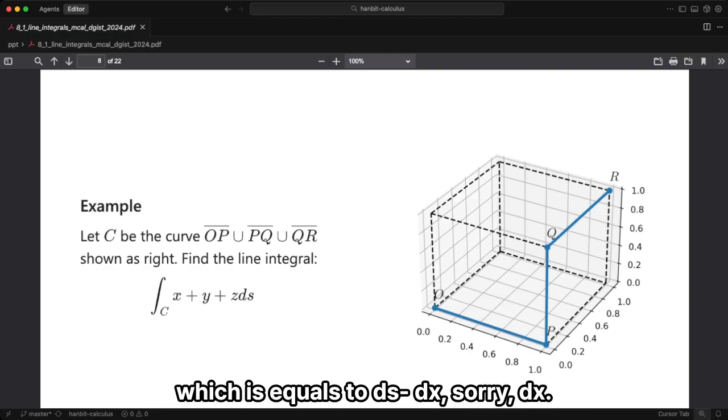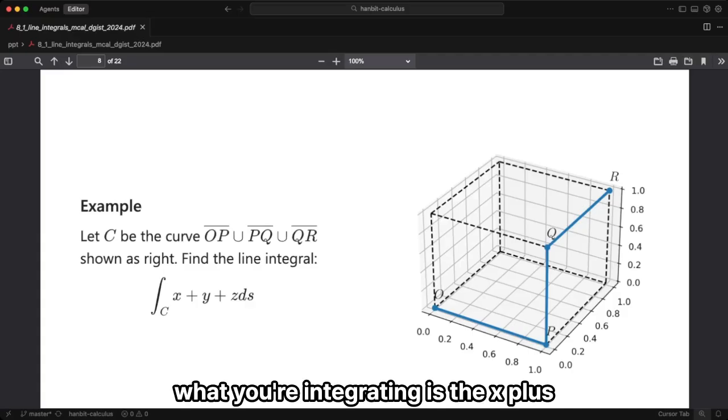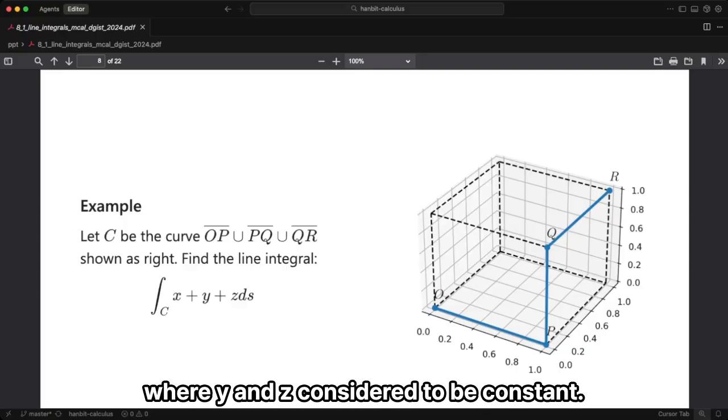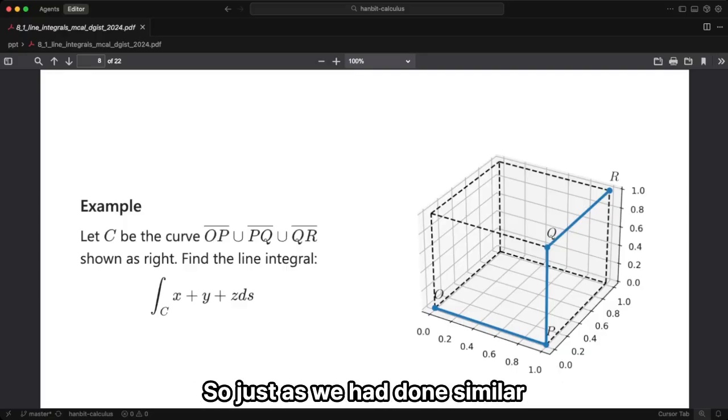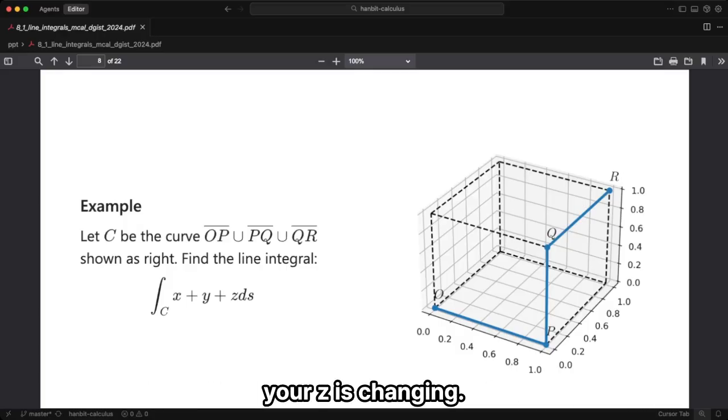So on the OP line, what you're integrating is x plus y plus z dx, where y and z are considered constant, just as we did in the line integration in vector fields. And how about the PQ part? In PQ, z is changing. It's the only thing that changes. x and y are not changing.